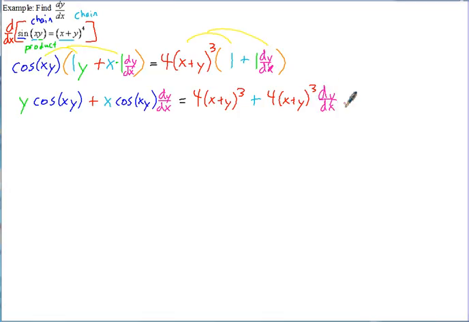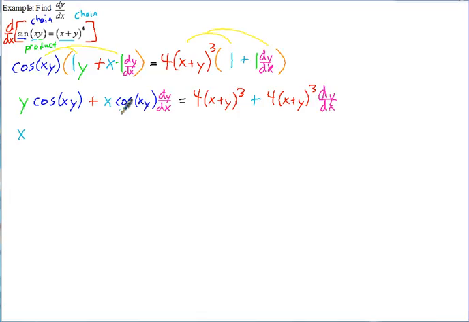Now there's no more big parentheses those dy/dx's are in, so now we can use a similar strategy to the previous problem, where we get all the terms that have dy/dx on one side, all the terms that don't have dy/dx on the other side. So again, let's say we have them on the left here. So I can leave this term over here.